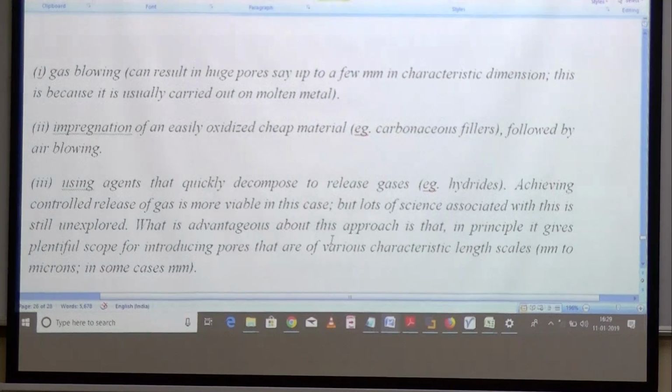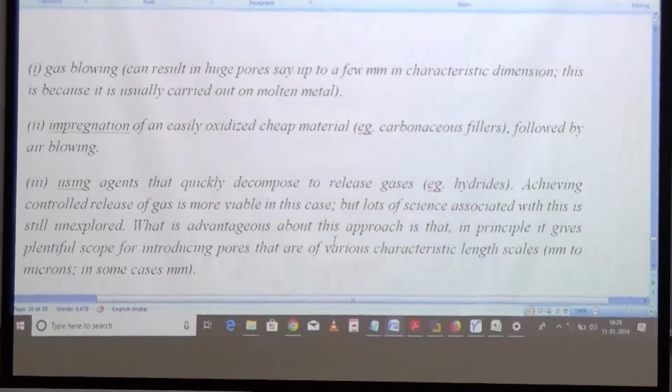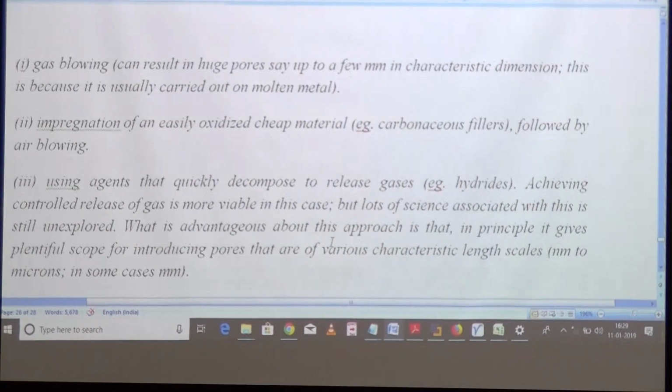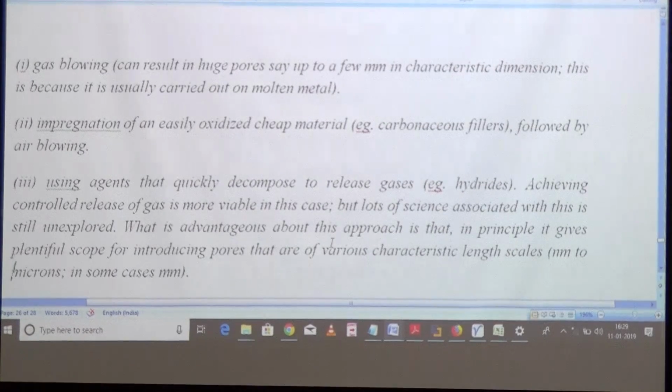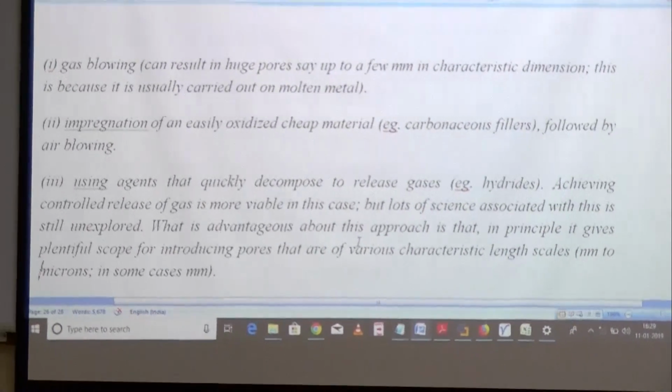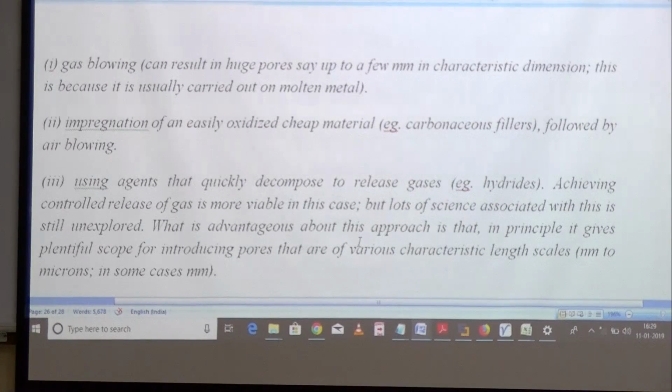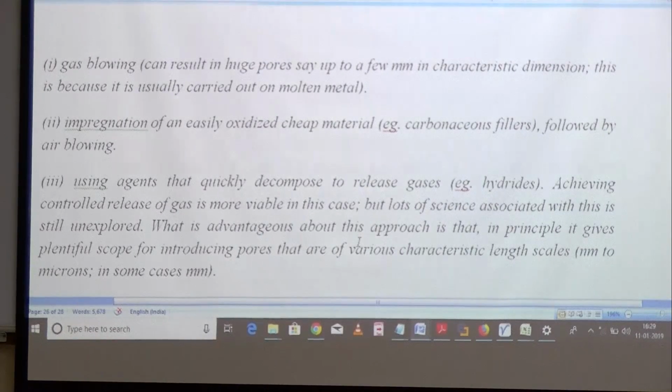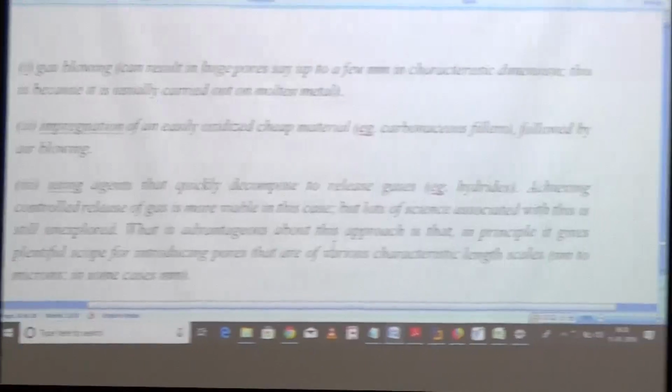Now this is important. Gas blowing is typically carried out for metal foams, not for ceramic foams. This is a rather interesting distinction, and it has to do with the fact that ceramics at very high temperatures, especially beyond their melting point, can easily come apart. For instance, metal oxides have a melting point that is usually very, very high.